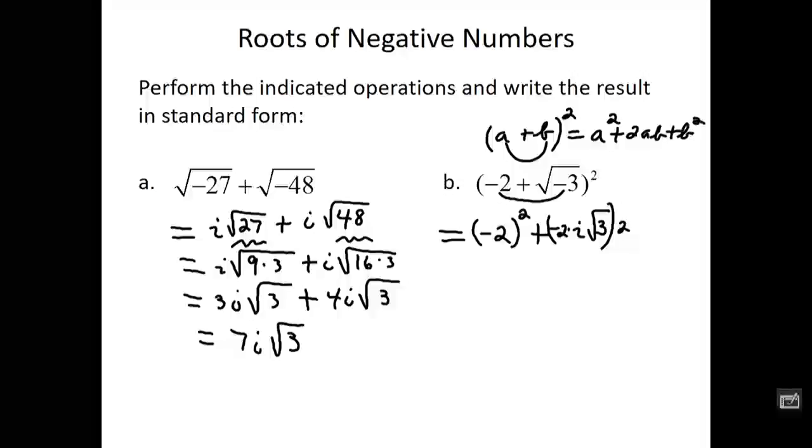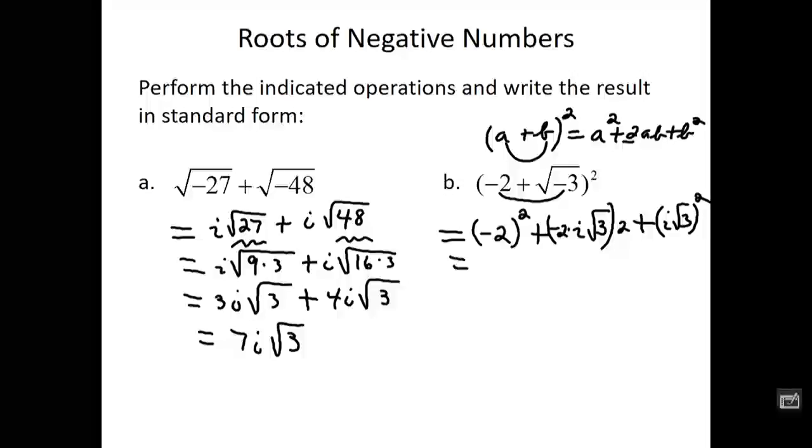So in this example, we multiply negative 2 times i times the square root of 3, times 2, plus i times the square root of 3, and now I have to square the i times the square root of 3. We still have to square that.